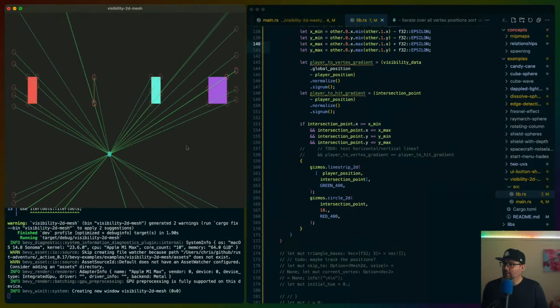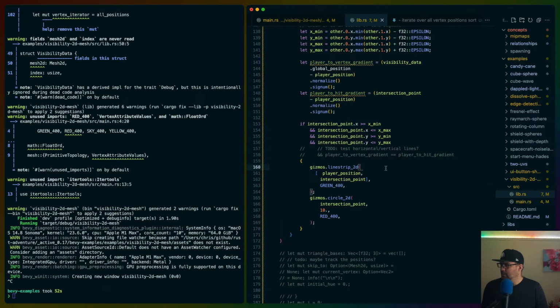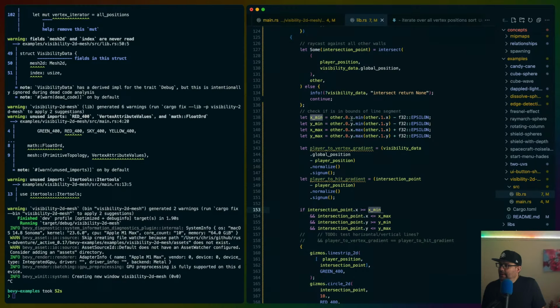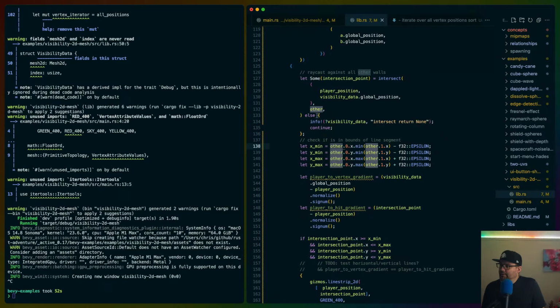Let me do a... I could do a spacebar turn on, turn off for this, but is the bounds checking here even accurate? So the X-min is other, right?